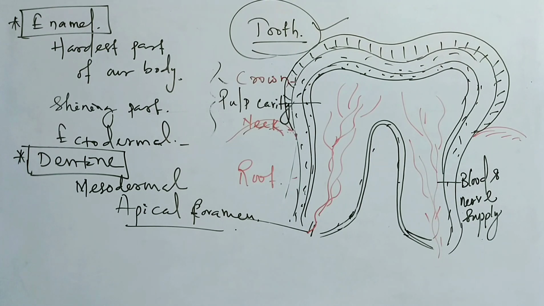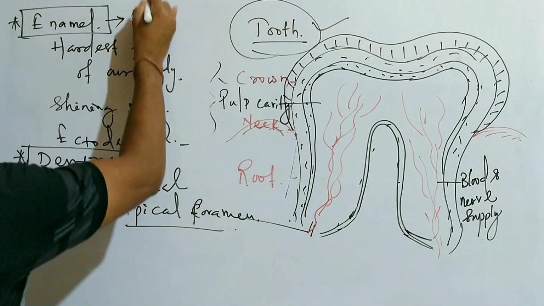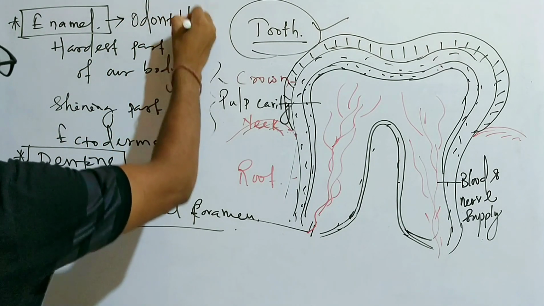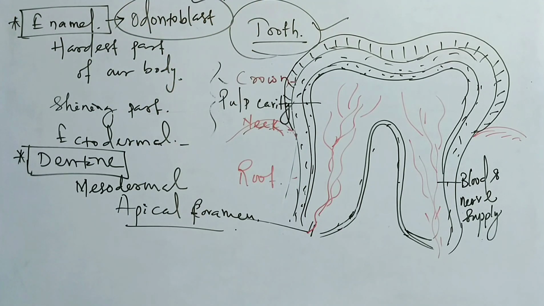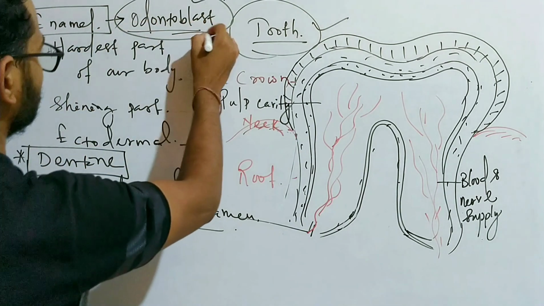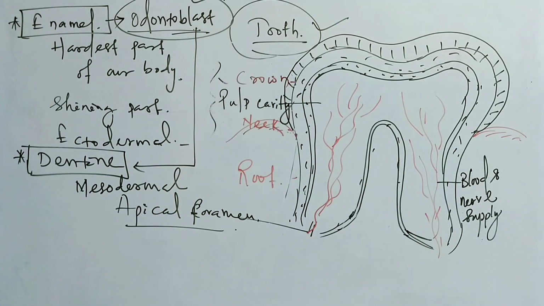Another term, odontoblast. Odontoblasts are the cells that help in the formation of the dentine, and enamel is formed with the help of the ameloblast.